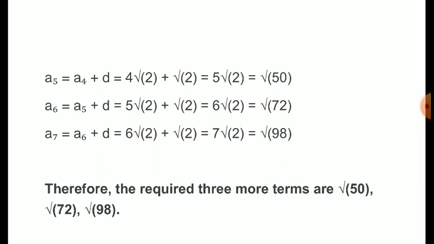In this way, 7 root 2 can be converted to root 98. So in this way, we can find the next 3 terms. Therefore, the required 3 more terms are root 50, root 72, root 98. This is the solution of the problem.